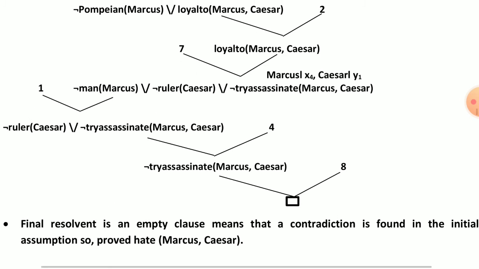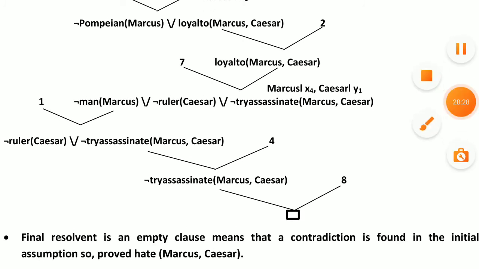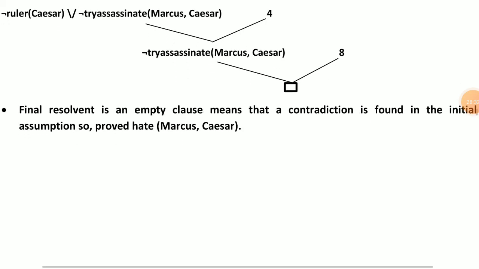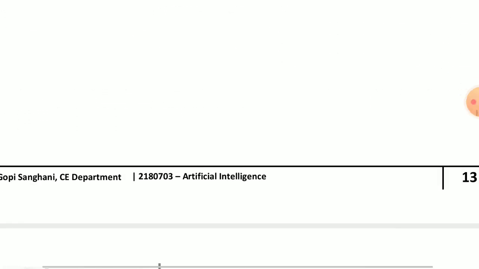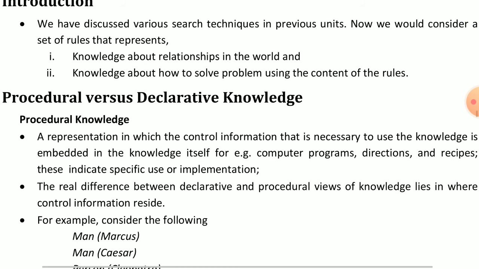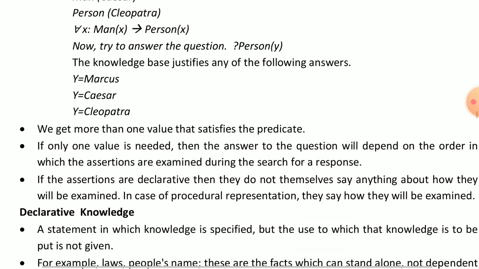Now in the next lecture I will start the next topic, procedural versus declarative knowledge. First I will explain procedural knowledge, its basic introduction, then I will start declarative knowledge.